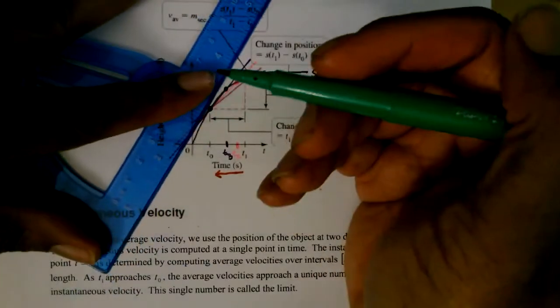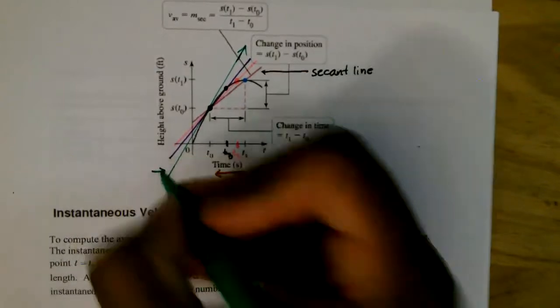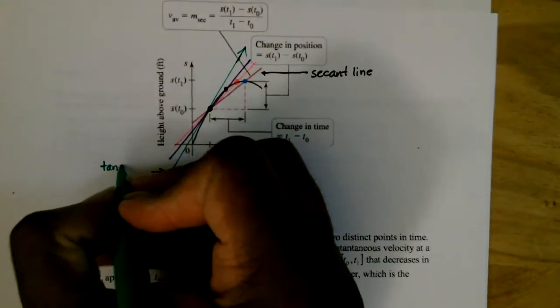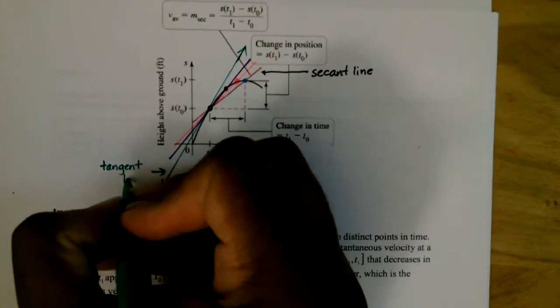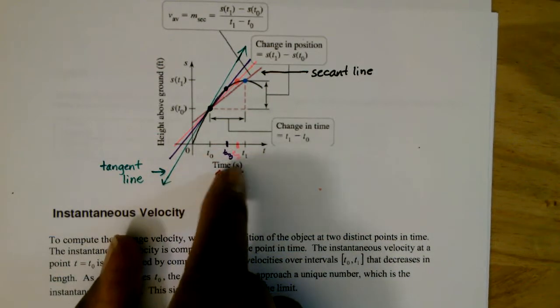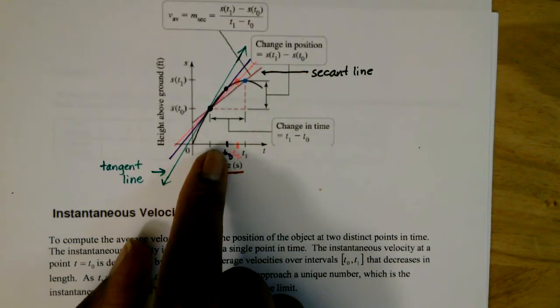So here's that point right there. And this line that I'm going to draw in green, as you will see here, we call that the tangent line. And this pretty much would be just the illustration of what a limit is, because limits would be pretty much as t approaches some value.